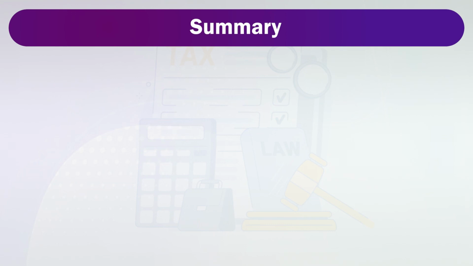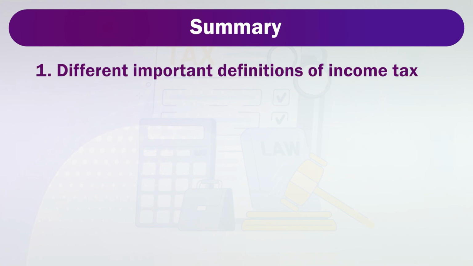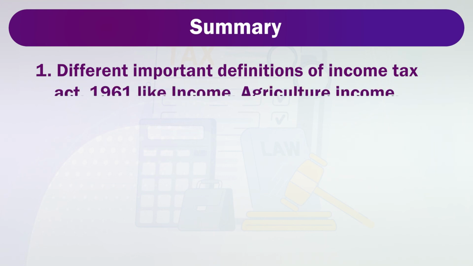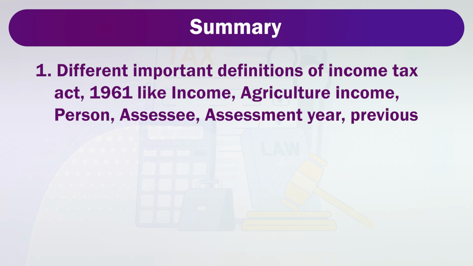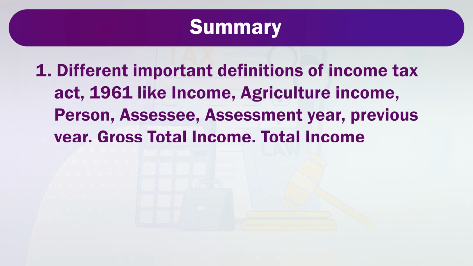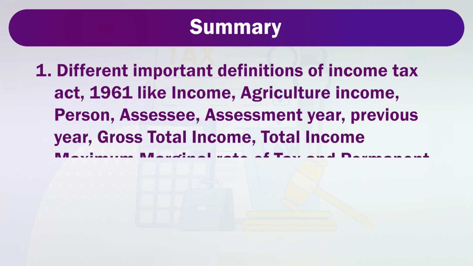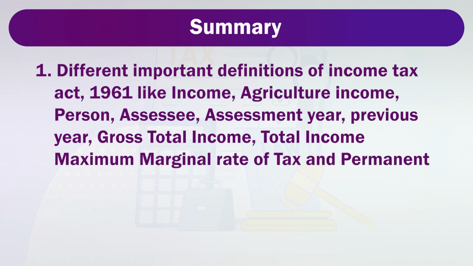In this part, I have studied number 1, different important definitions of Income Tax Act of 1961 like income, agriculture income, person, assessee, assessment year, previous year, gross total income, maximum marginal rate of tax and permanent account number.